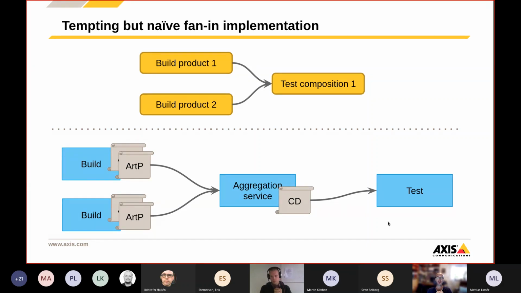Whenever that part is done and published, and the team responsible for that product or sub-product says that now we are confident in this and we can release it, then that could trigger the next integration level. And there could be multiple levels in such an integration hierarchy or aggregation hierarchy.